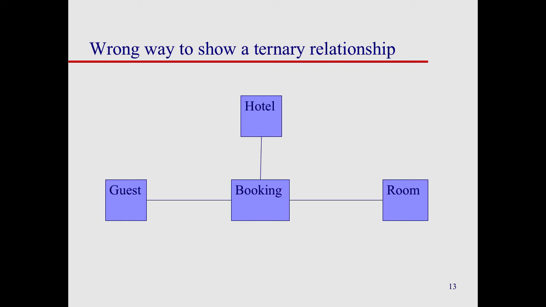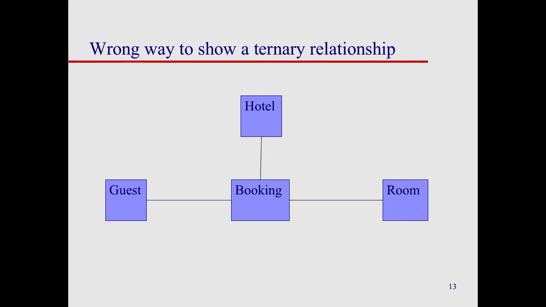This is the wrong way to show a ternary relationship. You might be tempted because you know that booking is a relation to also draw booking as a rectangle, but that would be wrong because booking is a relationship. So you do this on an exam or a homework assignment, you'll get points deducted.